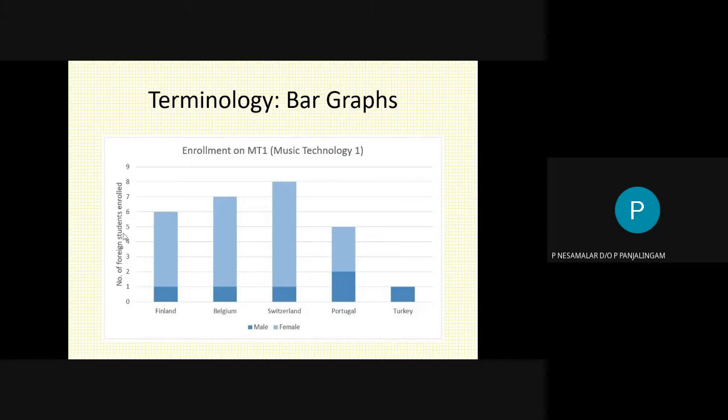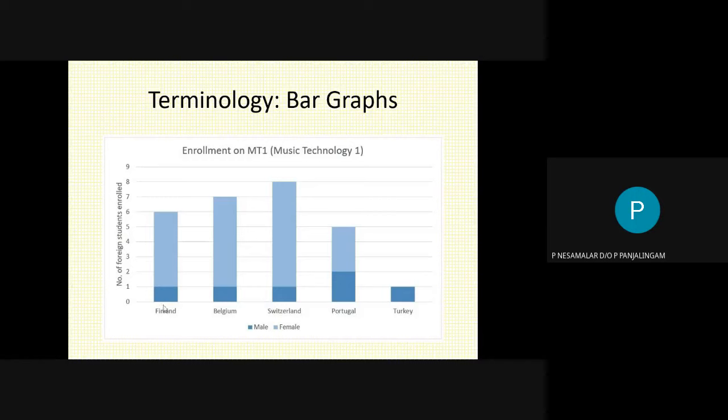Number of foreign students enrolled. So this is not about different countries, but about students from different countries which have enrolled for this music technology course. And not only that, the dark blue in the key represents males, whereas the light blue represents females.